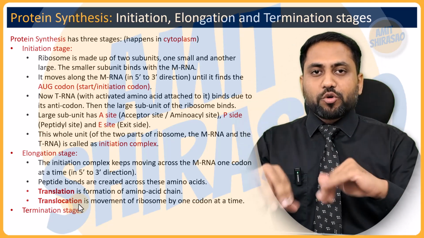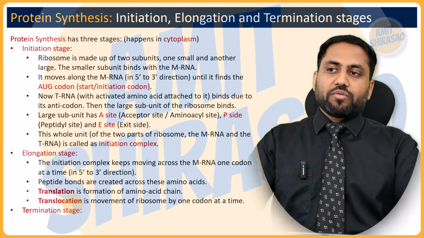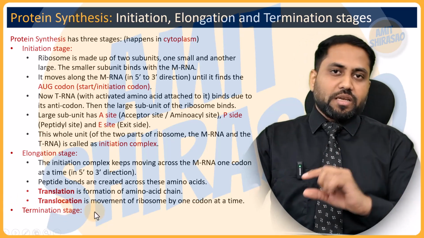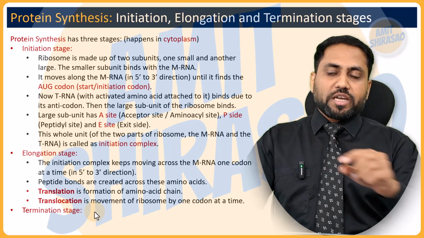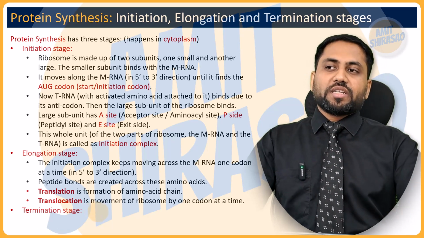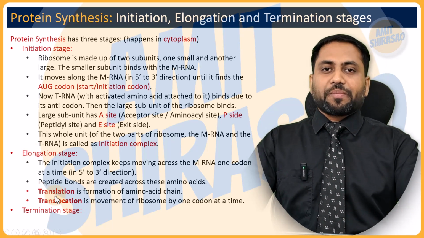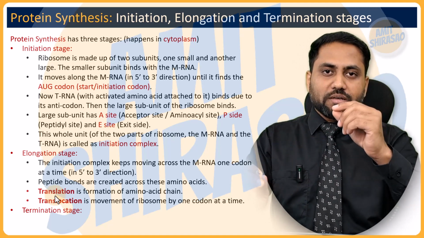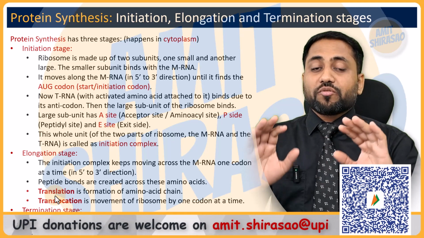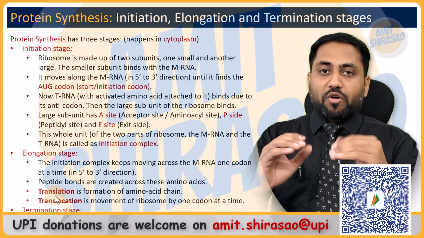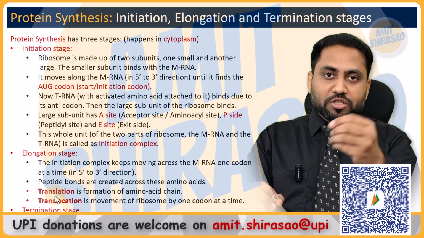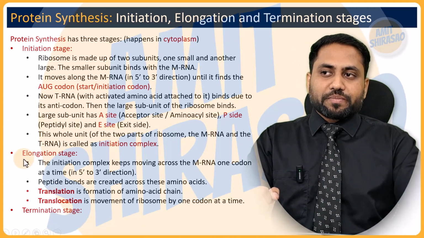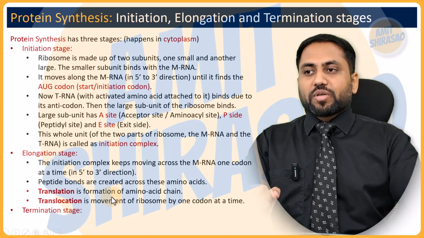Elongation happens due to the combined effect of translation and translocation. Got the idea? But if you want to attach elongation to one of the two, it is more associated with translation, because formation of the amino acid chain means elongating the chain. So that is the elongation stage. Got the idea?